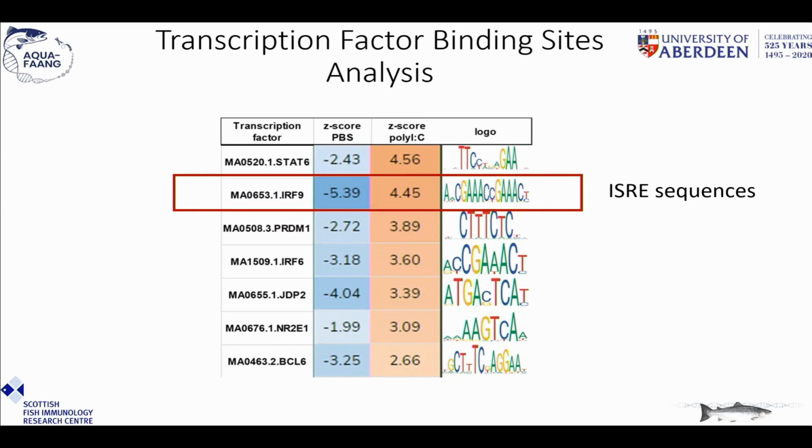We also had BCL6, which is a B-cell differentiator, AP2, which is an AP1 binding site family, and IRF6 as well. We have lots of epigenetic data from ATAC and ChIP, but obviously we don't have time to present all of it, so I picked selective examples.